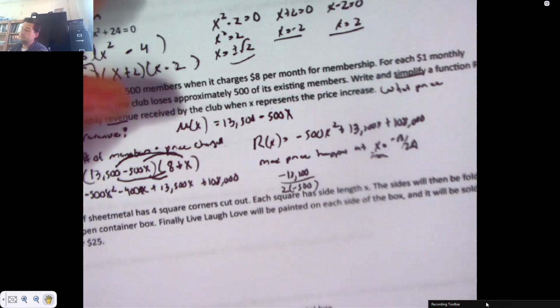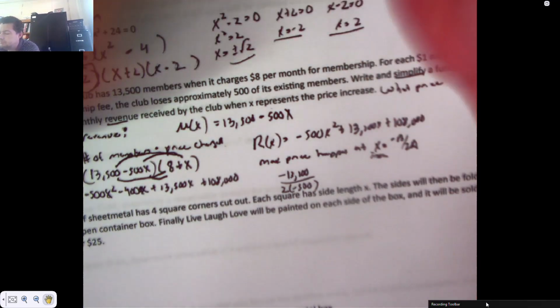So that's going to be negative 13,100 over twice a negative 500. I don't even know why I'm trying to think about using a calculator. That's negative 13,100 over negative 1,000. Throw away some zeros. I get 131 over 10, which is $1.31.